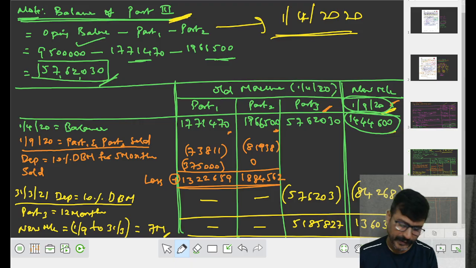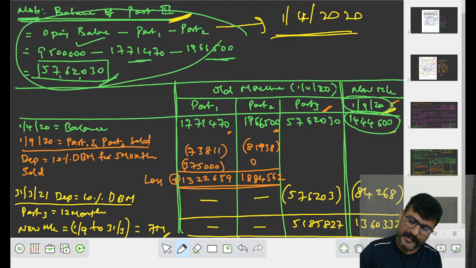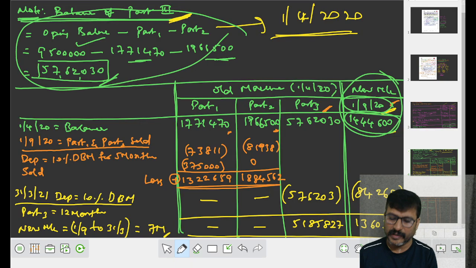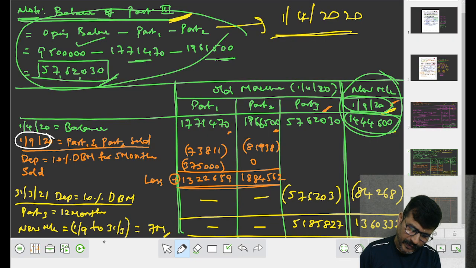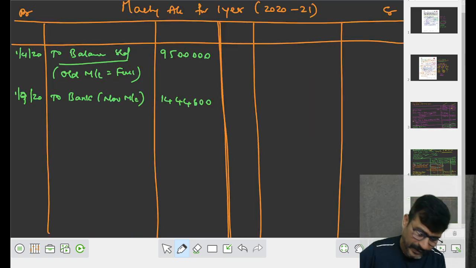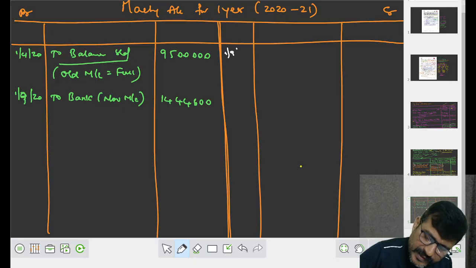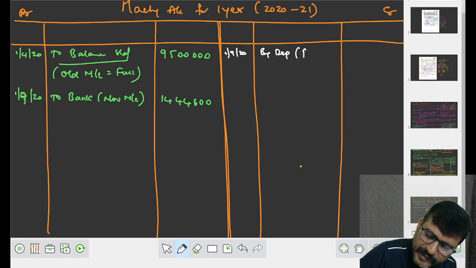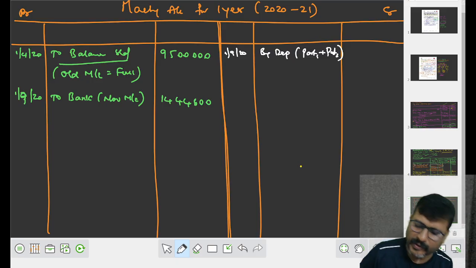Then what happened? After taking all these balances, after taking this particular purchase, what is there? My dear students, see here, on September 2020, part 1, part 2 are sold. Now what to do? Take the total depreciation of these two, add these two numbers. That added number is, on 1st September 2020, by depreciation part 1 plus part 2.